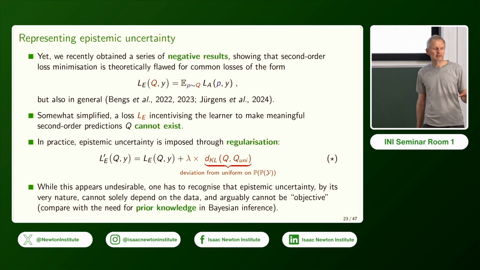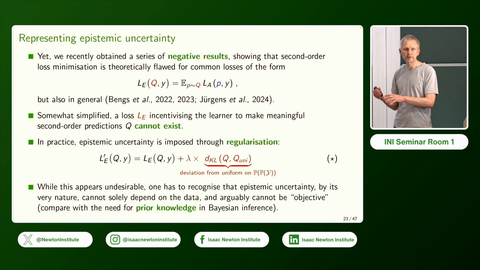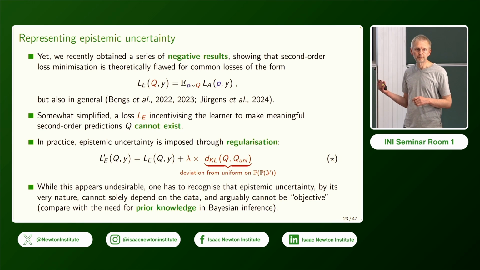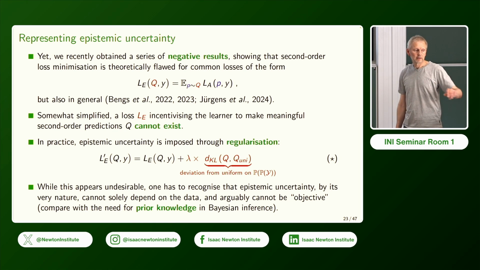My point was that the degree of epistemic uncertainty is not only a property of the data, but also depends on how much you regularize this loss. But I also said this is in a sense natural.